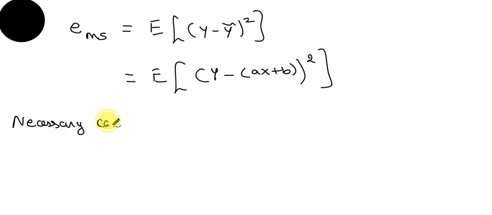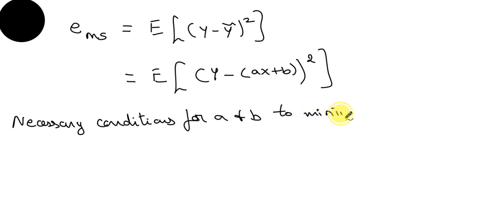So, necessary conditions for a and b to minimize. On the whole, we are interested in minimizing the error, so we need to minimize EMS. So how do we go about this?